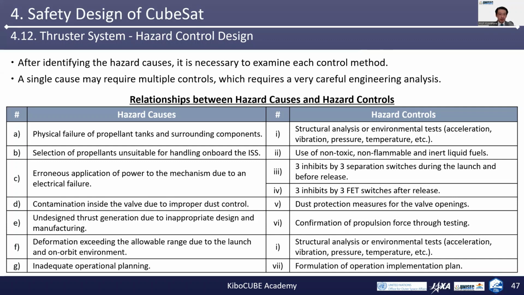As summarized in this simple table, all the identified hazards discussed in the previous slides can be controlled by controlling these 7 hazard control items from 1 to 7.